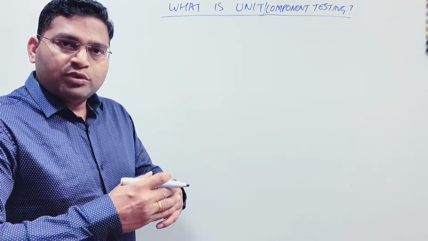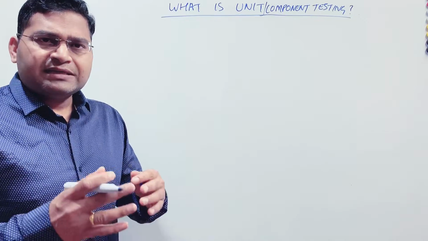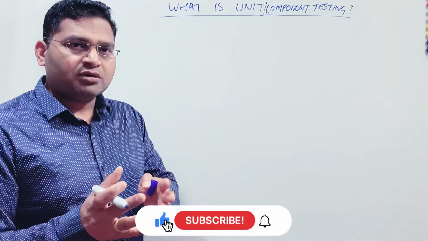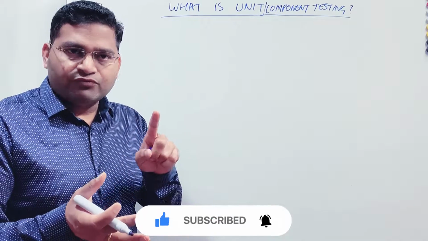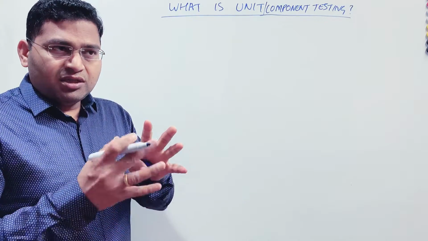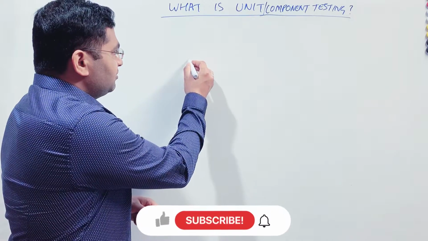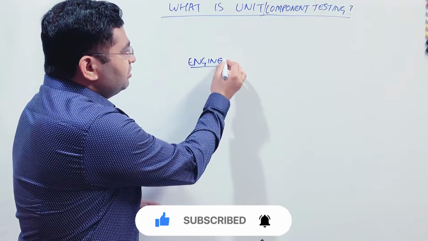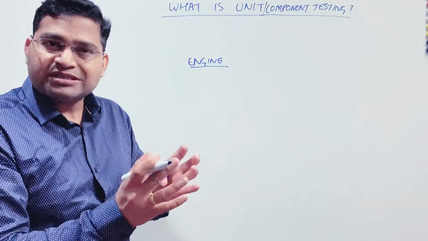If a company is manufacturing a car, what exactly could be a unit in the car? Give it a thought. Say for example, a car will have an engine, four wheels, and the body. But if you segregate these parts, say the engine, the engine is not a standalone part.